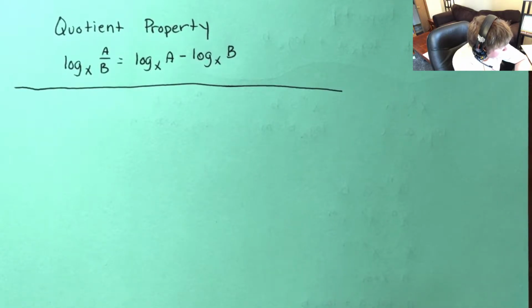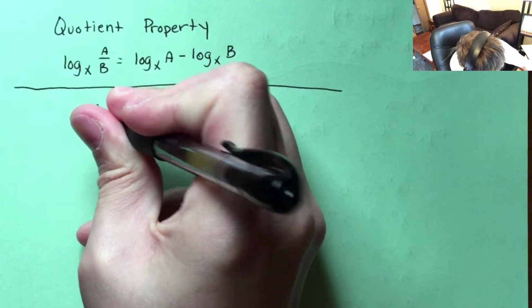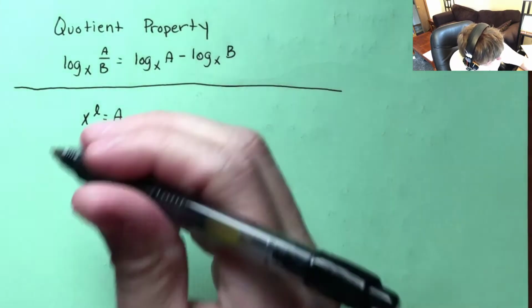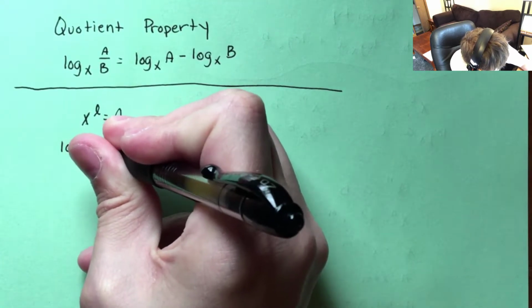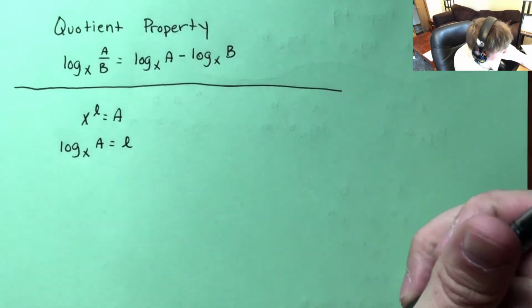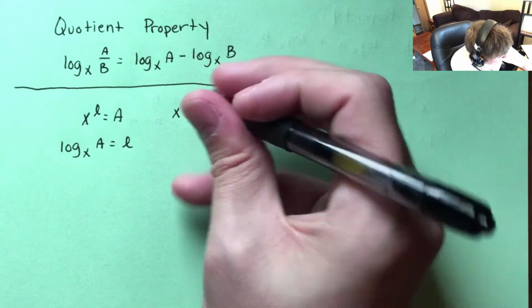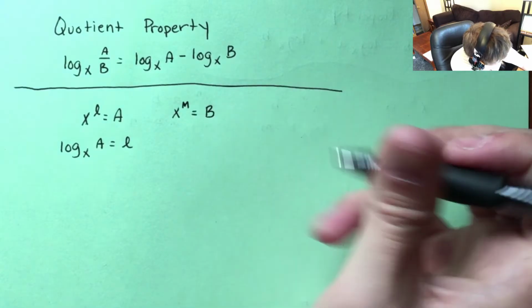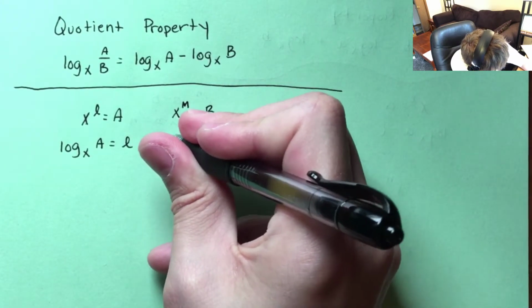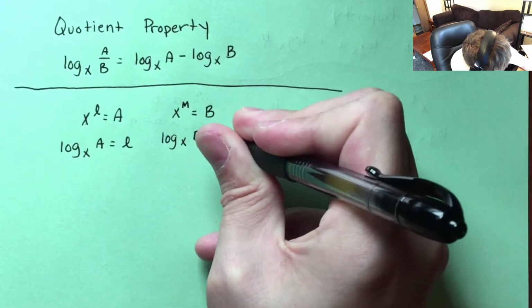So let's just start by defining some stuff. If I say that x to the L power is equal to a, that means that log base x of a is equal to L. Let's say x to the m power is equal to b, and so my logarithm base x of b is equal to m.